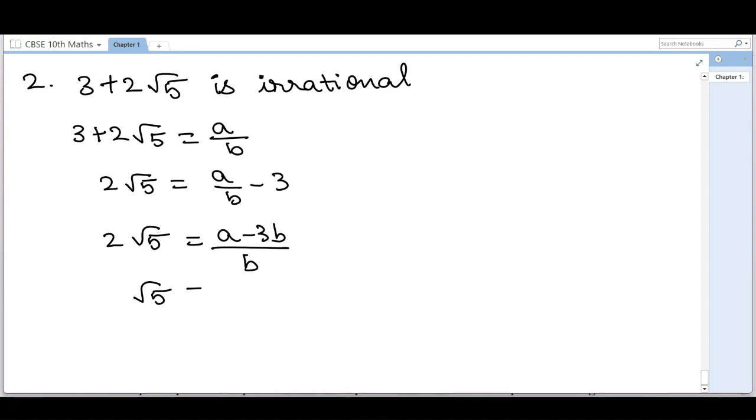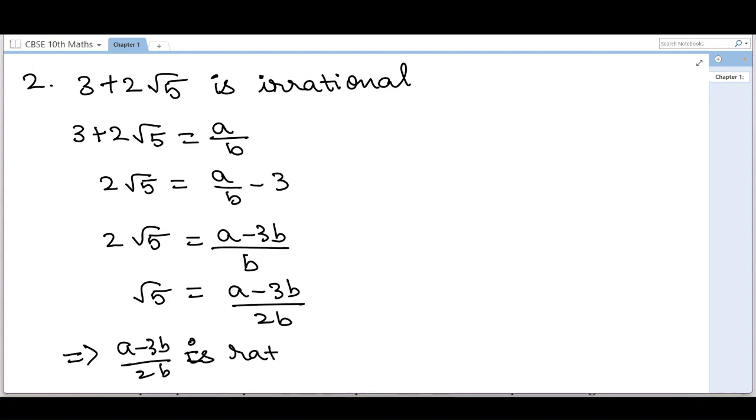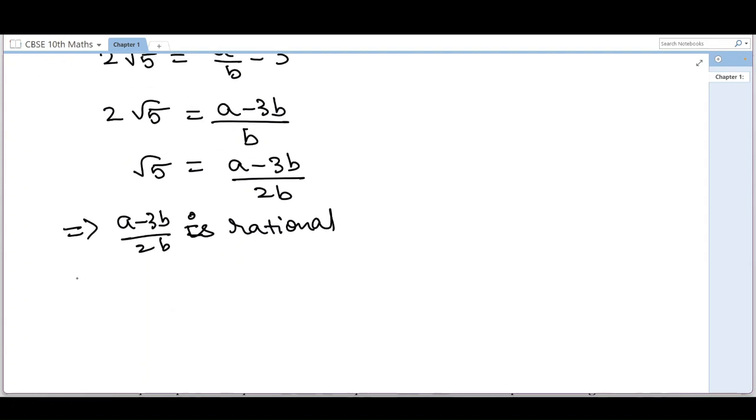So root 5 equal to a minus 3b divided by 2b. A, b, 3, 2 are all integers. Therefore, numerator and denominator both are integers, right? Therefore, this right hand side is a rational number, which implies a minus 3b by 2b is rational, whereas the left hand side is irrational.